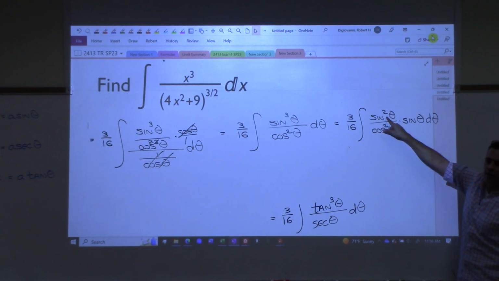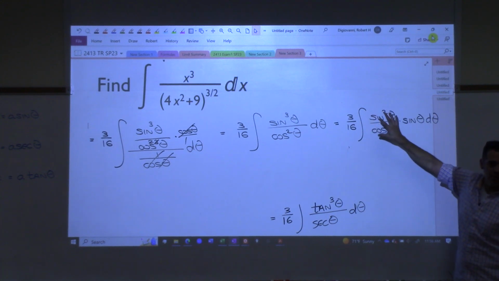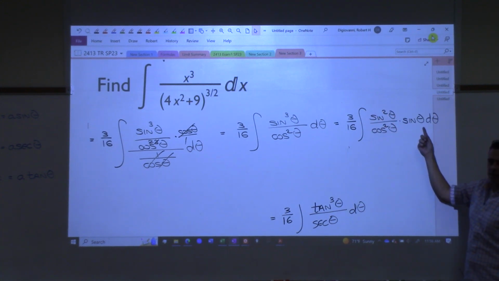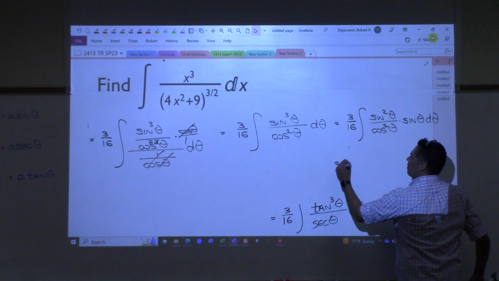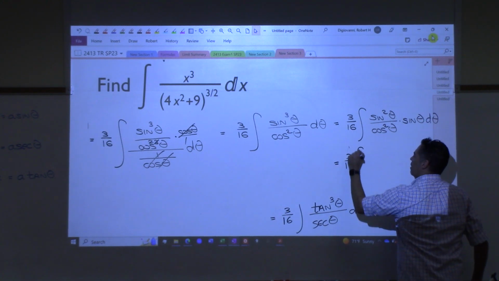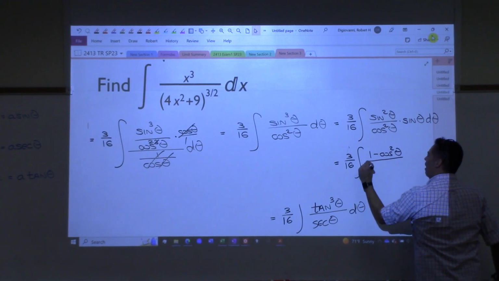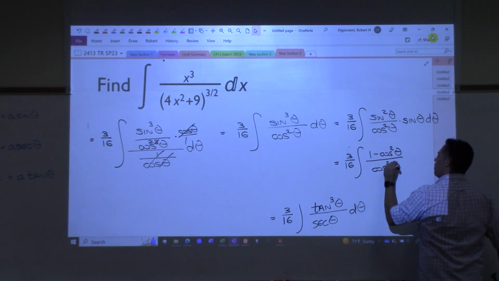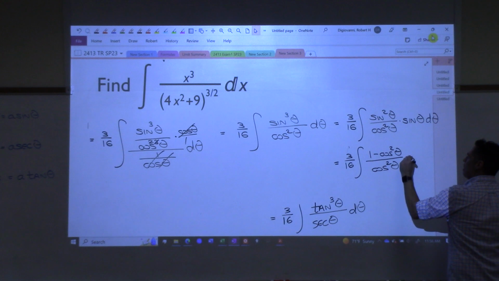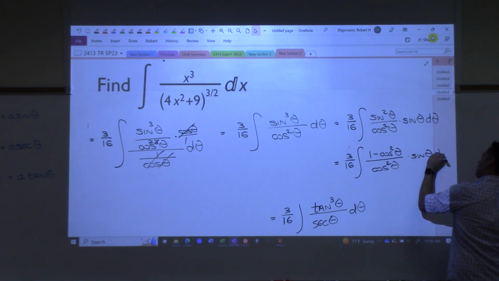So if you use Pythagorean on the top, everything here will be in terms of cosine, and that will be the derivative. So I'm going to write 3/16 integral 1 minus cosine squared theta on the top over cosine squared theta on the bottom times sine theta d theta.